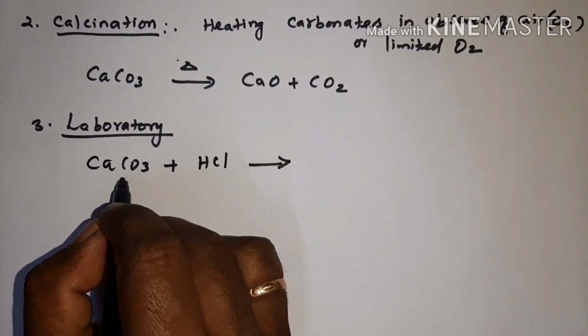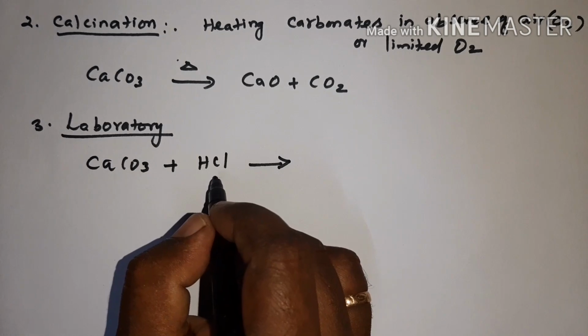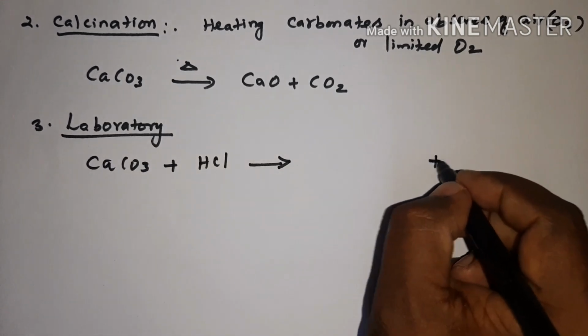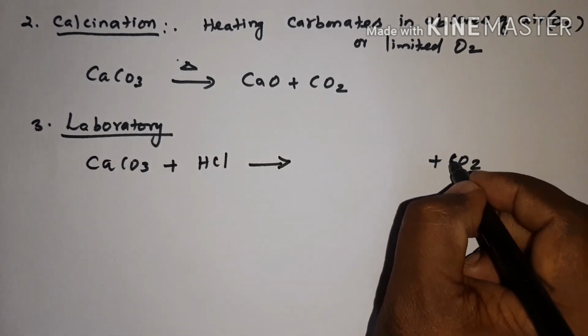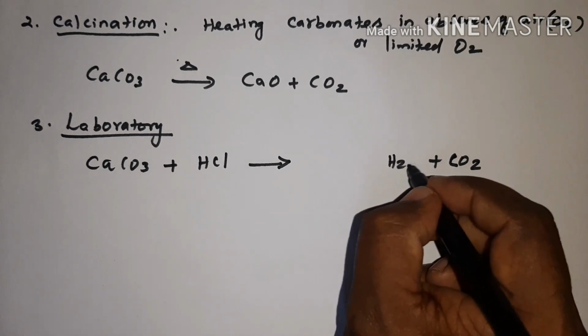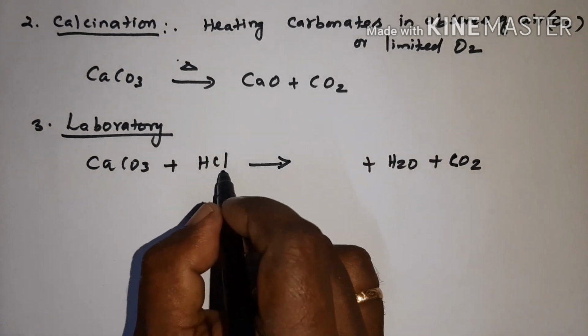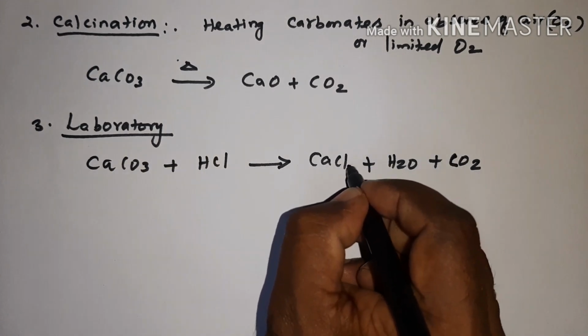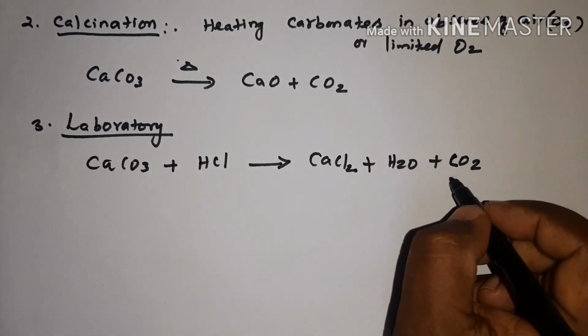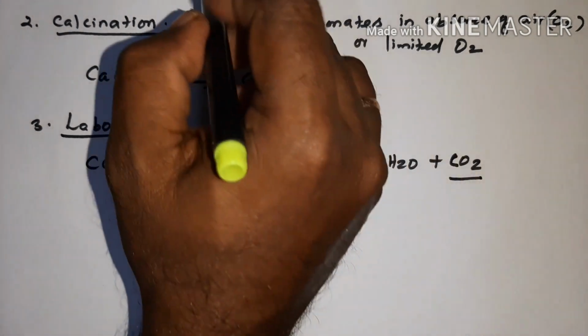Whenever a carbonate reacts with an acid, we get carbon dioxide, then water, then salt. Here the salt is calcium chloride.